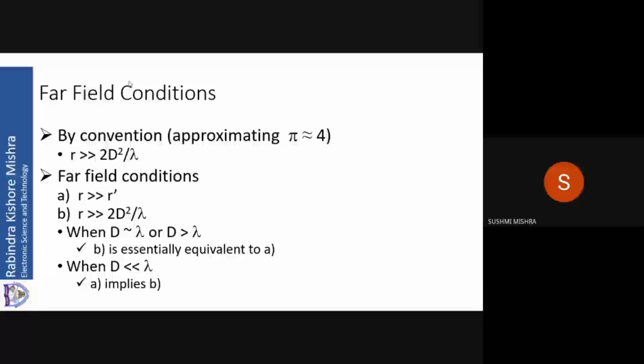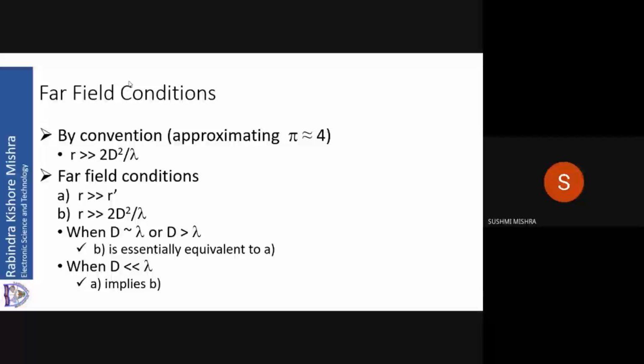So R has to be greater than 0.02 lambda. That comes from the second condition. Now if I rest there, that my R is greater than 0.02 times lambda, I am actually in the near field, because the first condition is not satisfied. The first condition is also to be satisfied.